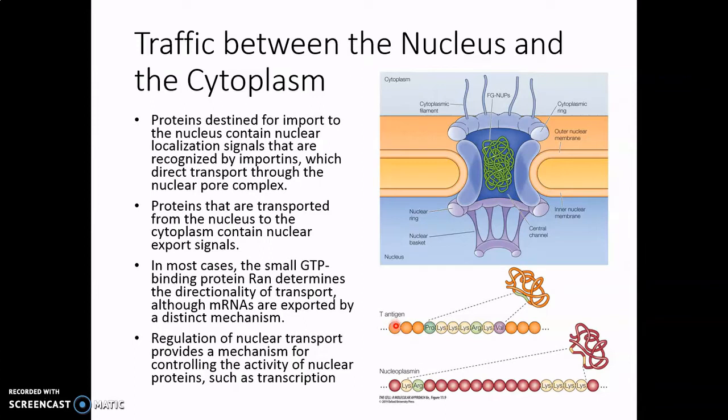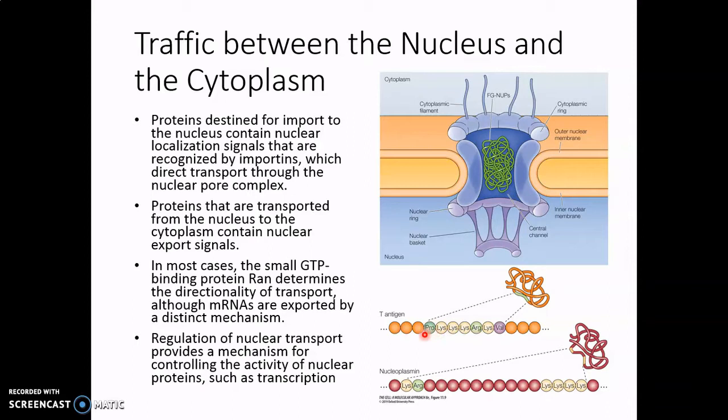So, proteins that need to be transported into the nucleus will have an amino acid sequence tag that is a part of its primary structure. So if you remember, primary structure of a protein is just the amino acid sequence. So here we see two examples of what we call a nuclear import signal.